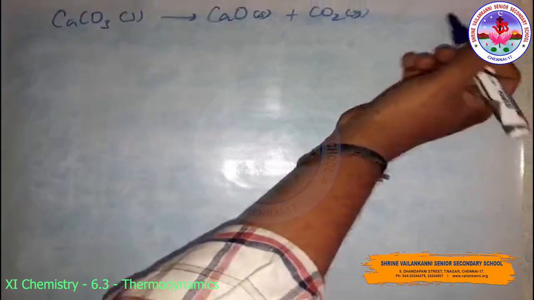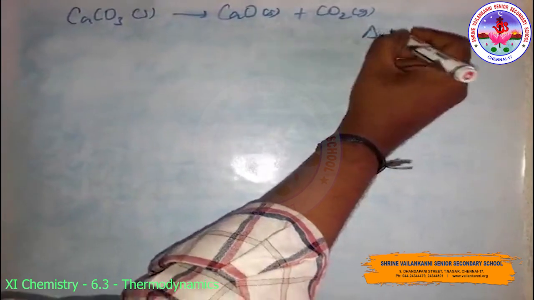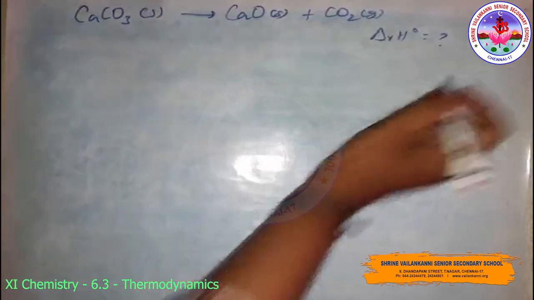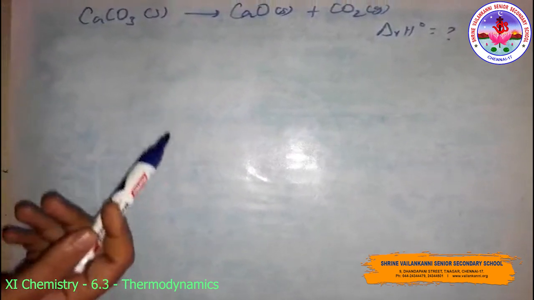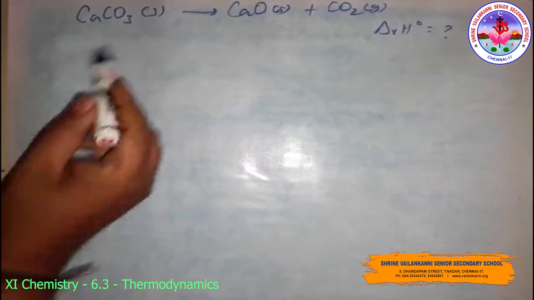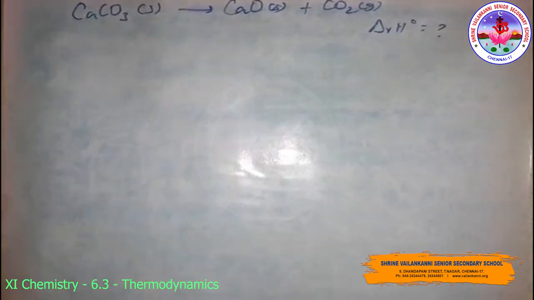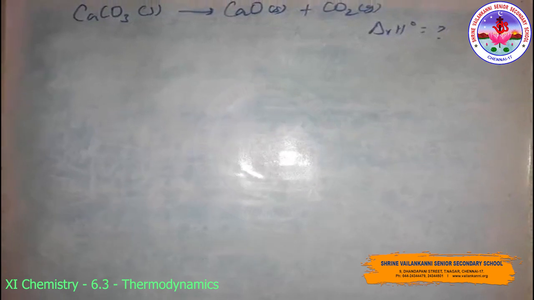So what is the standard reaction enthalpy? We have to calculate. We can use standard enthalpies of formation and calculate the enthalpy change for the reaction from the values given in Table 6.2.